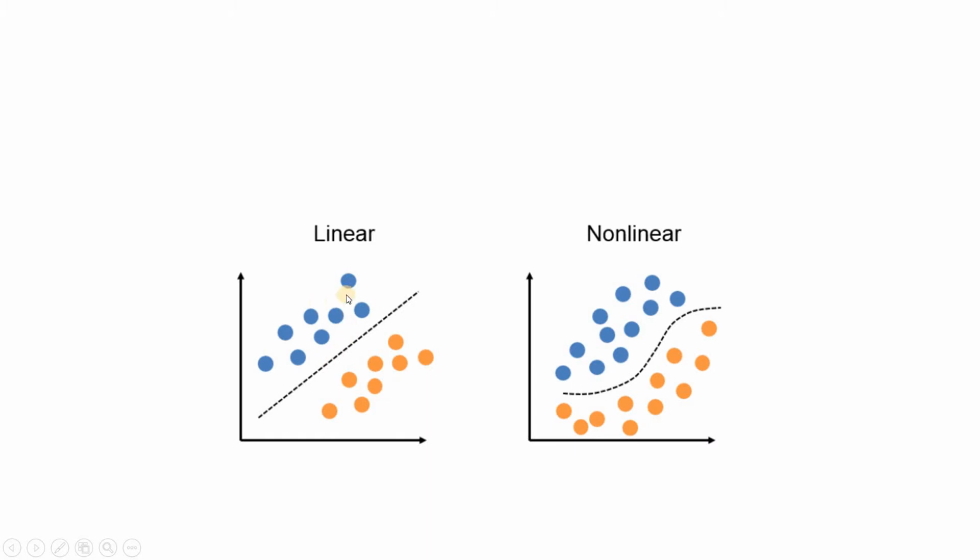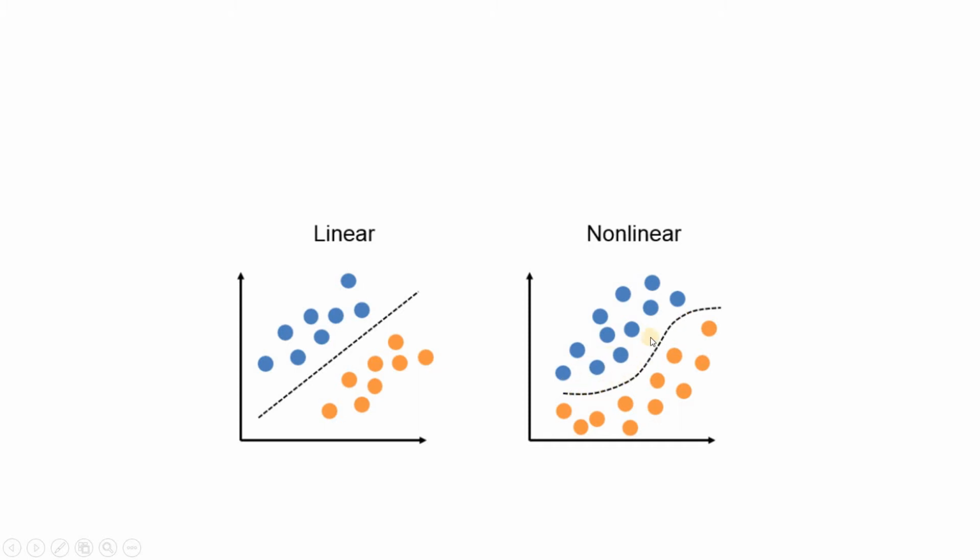Linearly separable means if this is one class of data points and this is data points belonging to another class, they are perfectly linearly separable. But in this case the data is not linearly separable. You cannot find one straight line like y equals mx plus c to separate these two classes perfectly.